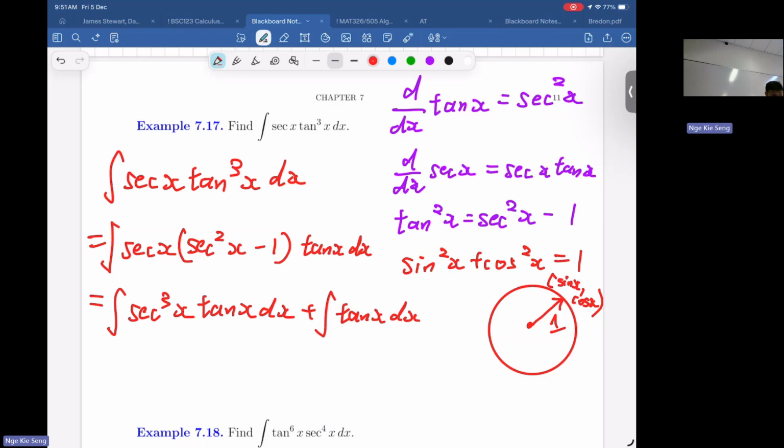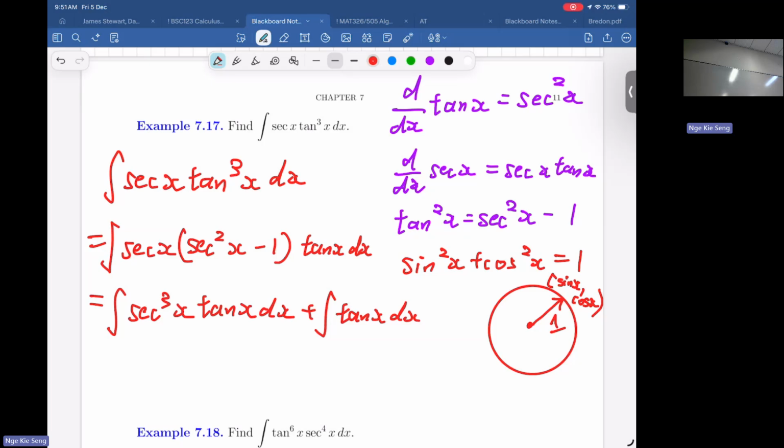Maybe you said you want to reduce the power, but the power is still 3. But this is at the expense of creating the tangent x. If you have tangent x and secant x together, then this is related to the derivative of secant x. So again, you have your function with its derivative together.